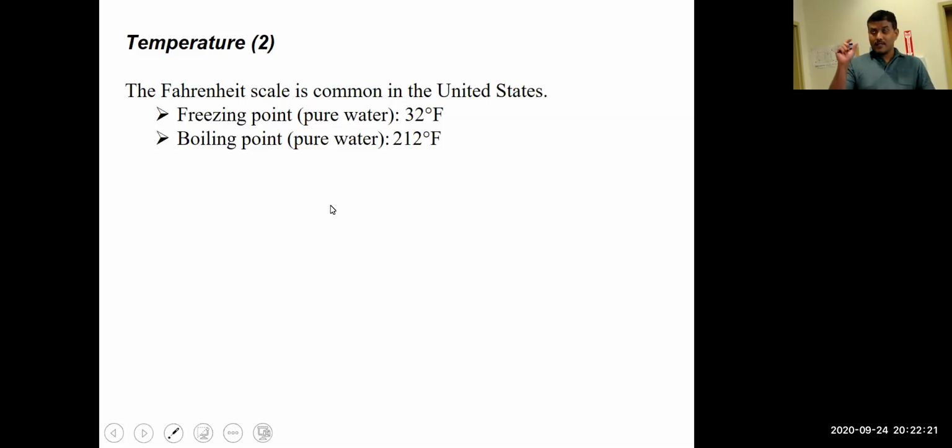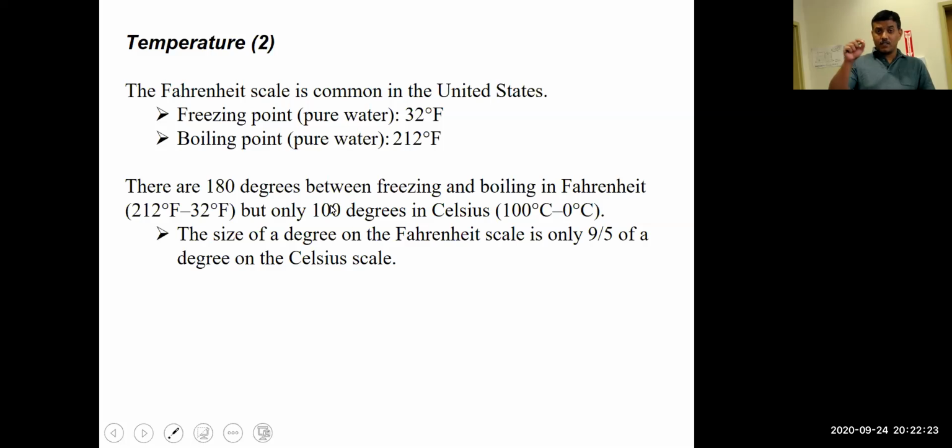If you compare the difference, the range between the melting and boiling point in Celsius is 100, whereas the range between the freezing point and boiling point in Fahrenheit is much larger than 100. Because there is a huge range span between these two, we can say that the Fahrenheit range is about 9/5 times the Celsius range.